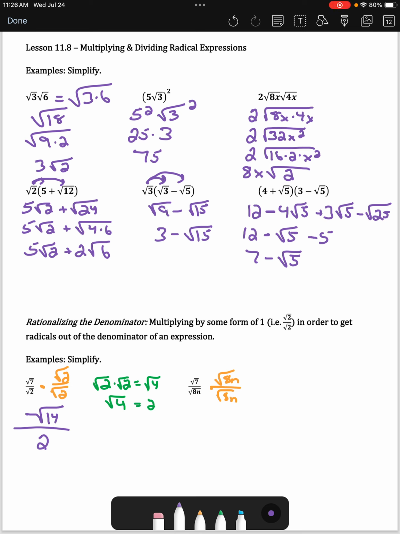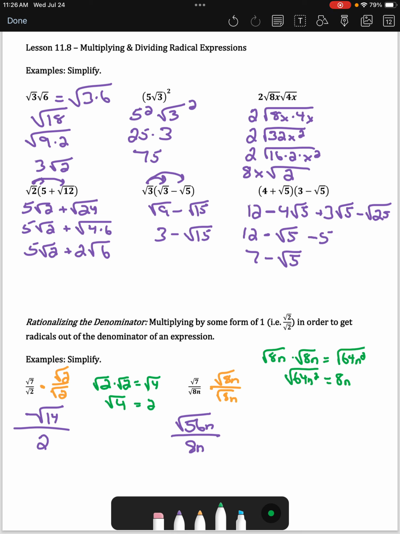In the numerator, root 7 times root 8n is root 56n. In the denominator, root 8n times root 8n is 8n. And again, why is that true? Well, root 8n times root 8n is root 64n squared, and root 64n squared is 8n.